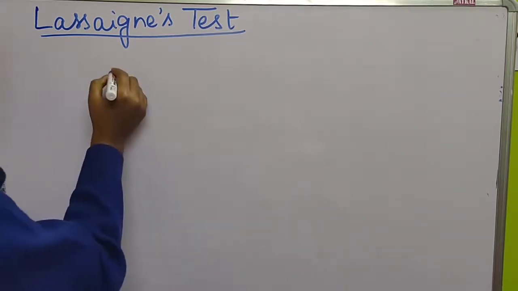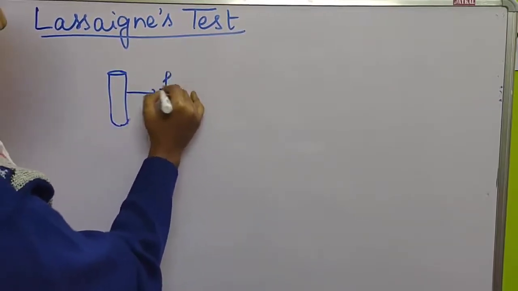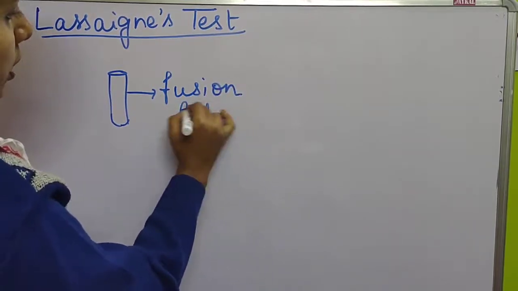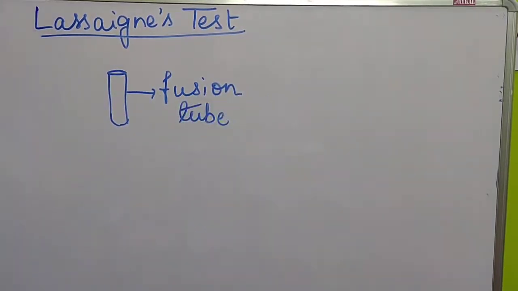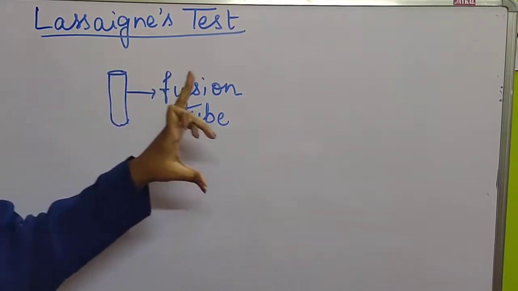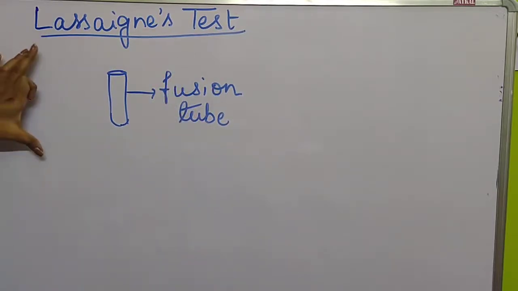First we have to take one fusion tube. What is a fusion tube? The normal test tube that we see in our laboratory is of 20 milliliter volume, and that test tube is larger than the fusion tube.